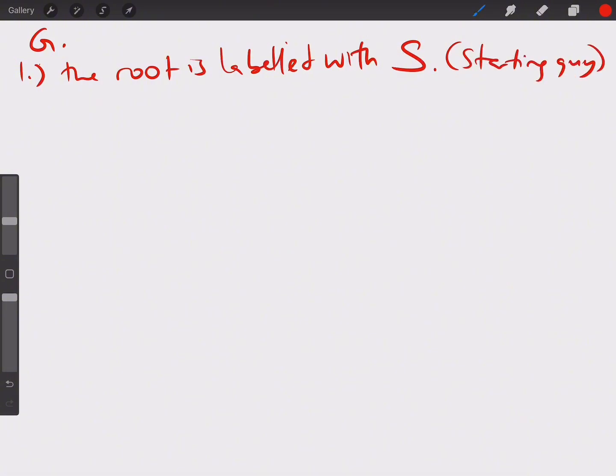So the root is always S. Let's say your start symbol is not S. Let's say it's E as expressions. Then it starts with E, right? But the start symbol starts the tree. It's the root.